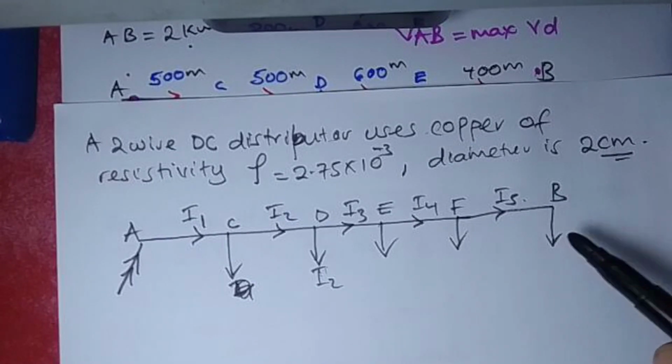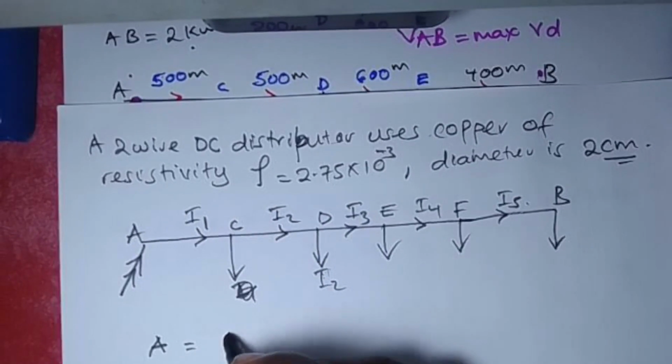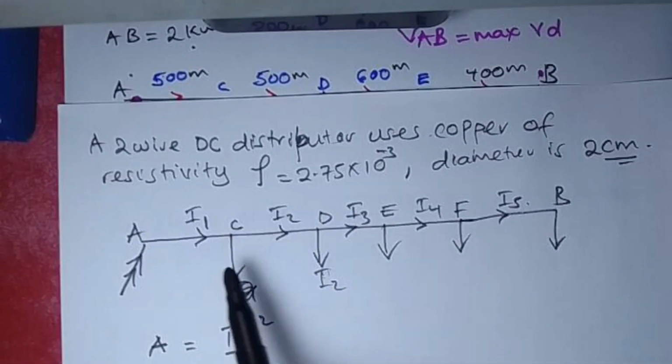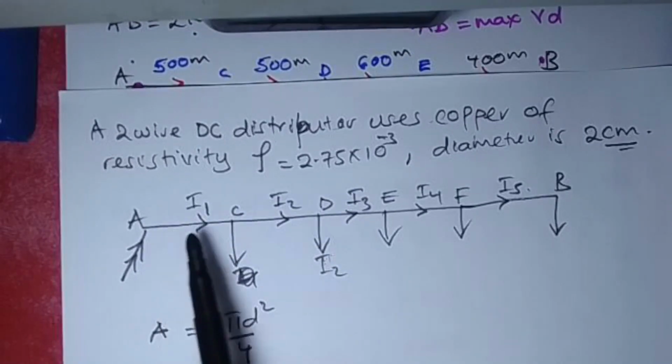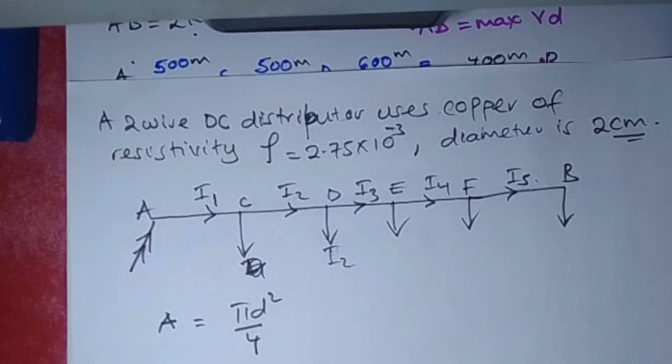When they give you the diameter, you need to calculate the area, which equals pi d squared over 4. But since the distances we have been given are in meters, it is always advisable to convert your diameter into meters.